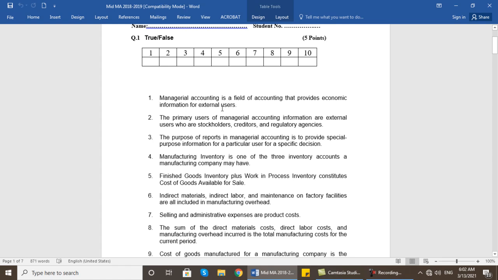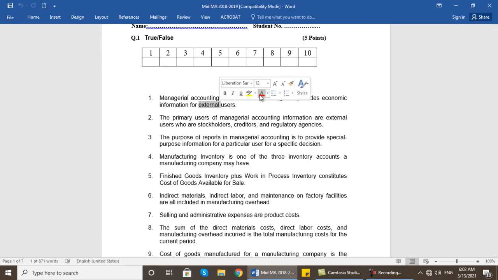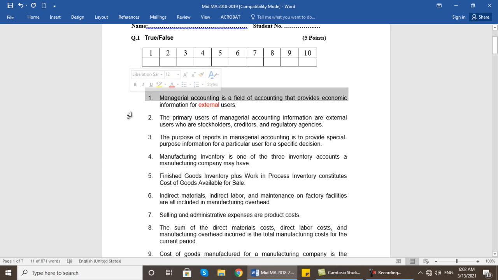It's false. As you know, managerial accounting is for internal users. So number 1 is false.